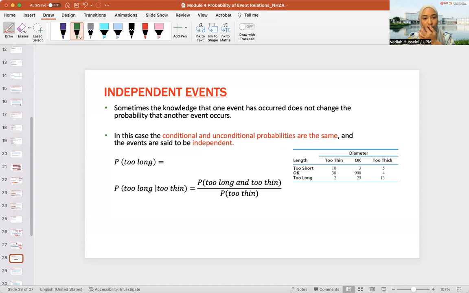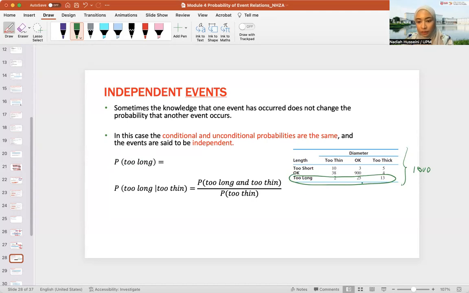So here we're talking about the probability that the length is too long. Out of the sample space of 1,000, I think we're still talking about the aluminum rods here. So 1,000 aluminum rods, the sample space is 1,000. I want to find out the probability that the aluminum rod that I select is too long.